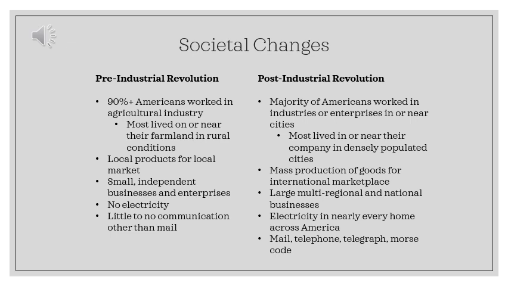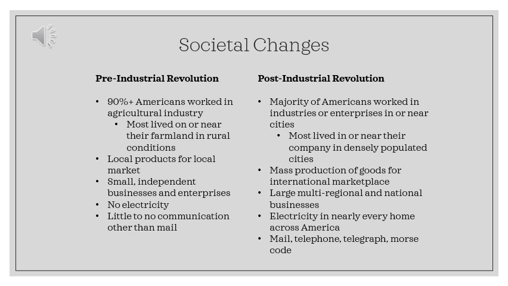After the Industrial Revolution, a majority of Americans worked in industries or enterprises in or near cities. Most people lived in or near their company in densely populated cities, oftentimes in tenement or apartment buildings. Goods were mass produced for an international marketplace.